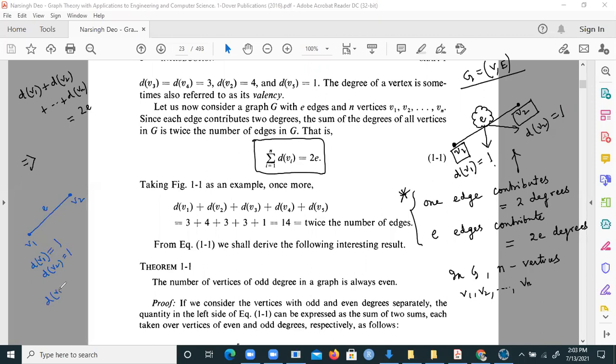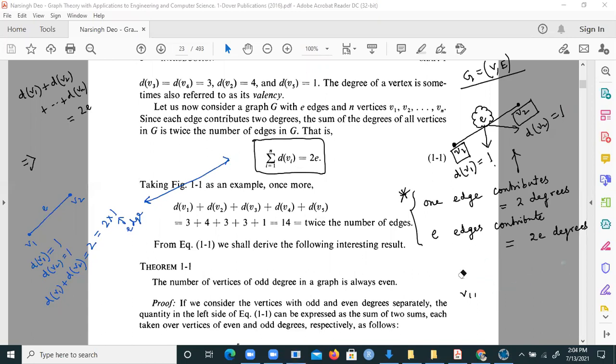So the degree of V1 plus the degree of V2 gives you 2. And this can be written as 2 into 1, where 1 is the number of edges present in this particular graph. So this satisfies the given theorem.